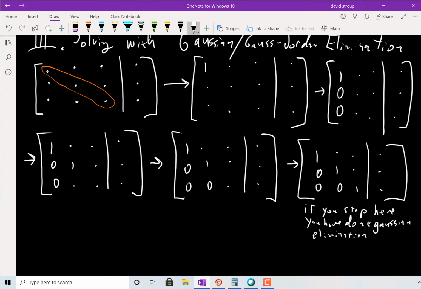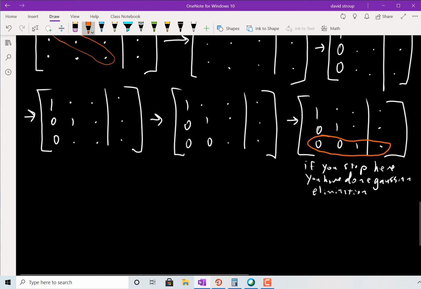Once you get there, you can jump back into variable land and use your substitution methods, because that last row right here, if you change it back into variable form, it's going to say z equals like 5. So you'll have one of the unknowns, and then you can just back substitute to get the other answers.